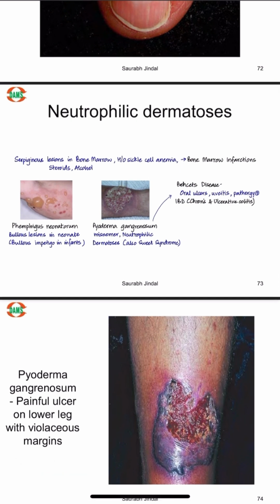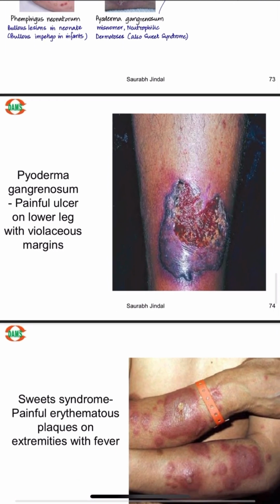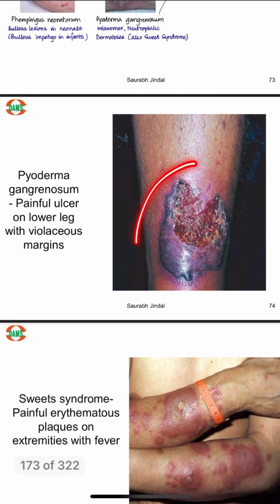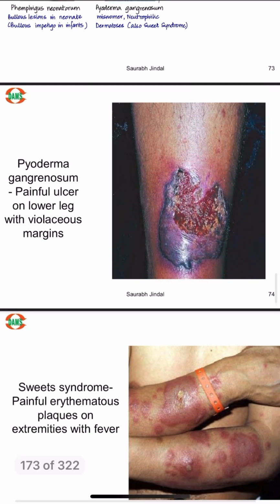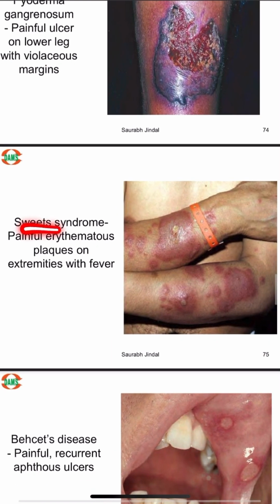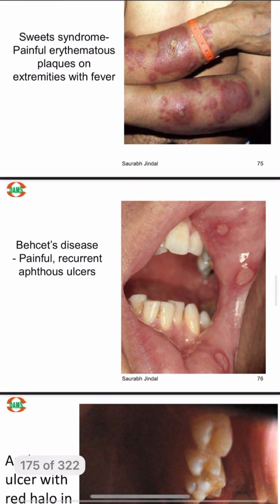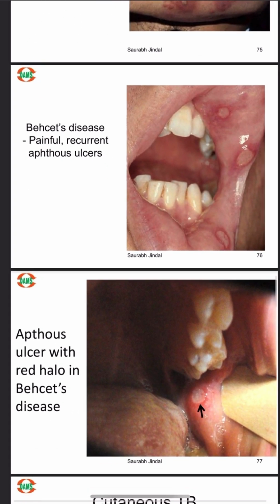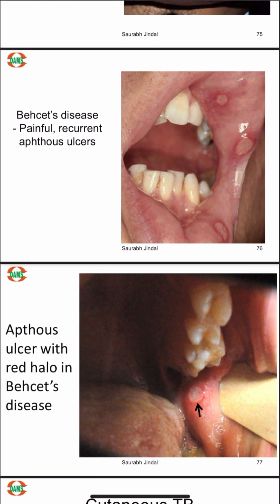Now neutrophilic dermatosis. Pyoderma gangrenosum. It is painful ulcer on the lower leg with violaceous margin. This is Sweet syndrome. Painful erythematous plaques on extremities with fever. This is Behçet's disease. Here painful recurrent aphthous ulcer can be seen like this aphthous ulcer with red halo in Behçet's disease.